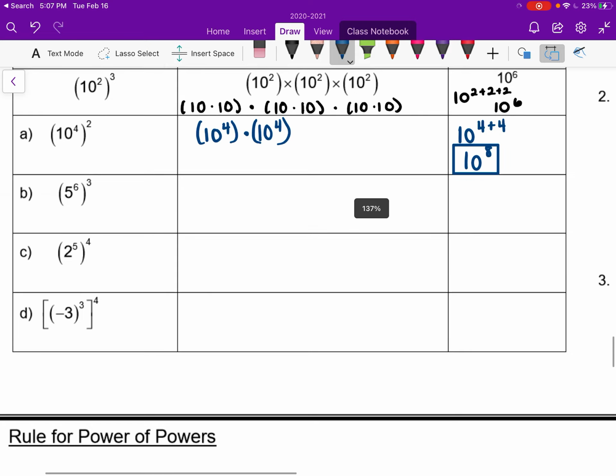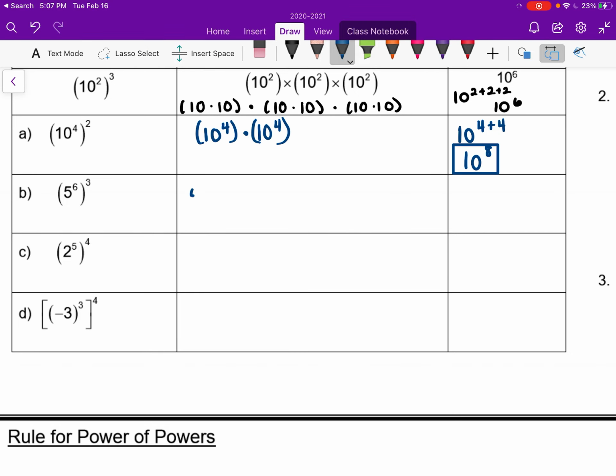Okay. Let's try 5 to the power of 6 times 5 to the power of 6, and it's to the power of 3, so I have to do it 3 times. 5 to the power of 6, which is the same thing as saying 5 to the power of 6 plus 6 plus 6. Right, so I have 5. 6 plus 6 plus 6 is 18. So then I have 5 to the power of 18.